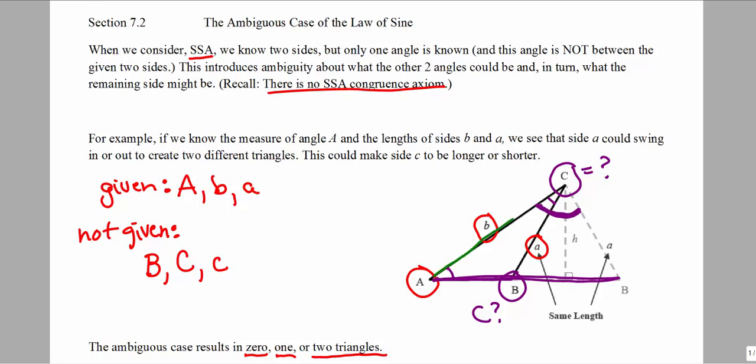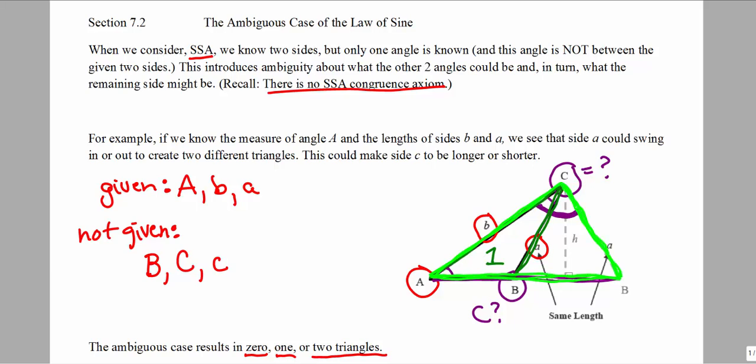One here, where angle C could swing in and give a short side C. So there's triangle 1. Triangle 2, let's put that in light green here. Triangle 2 could keep all of the givens the same, but then the unknowns could change, and we could end up with triangle 2 that looks something like this.